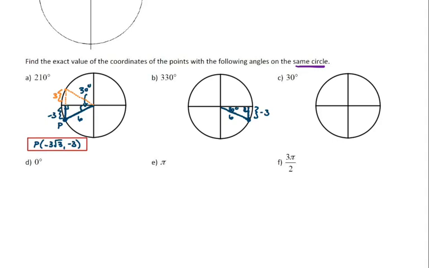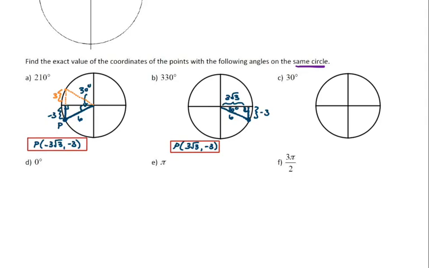So the y value, or the side opposite the 30 degree angle, would be a length of 3, but the coordinate should be negative 3 because I'm below the x-axis. And then the x value would be 3 root 3 because it's the same length but in the positive direction from the origin. So the coordinates of that point would be 3 root 3, comma, negative 3.